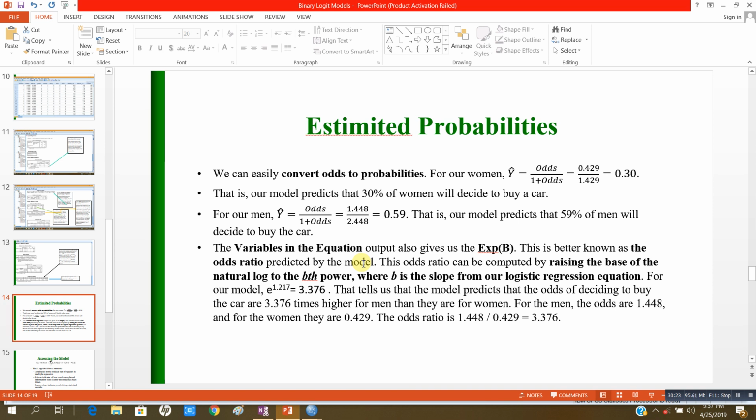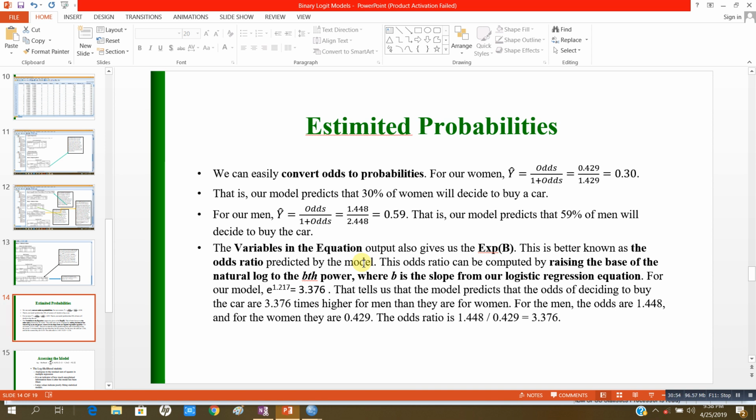For our model, 1.217 was the slope of the gender variable. So e raised to the power 1.217 is equal to 3.376, and that tells us that the model predicts that the odds of deciding to buy the car are 3.376 times higher for men than for women.